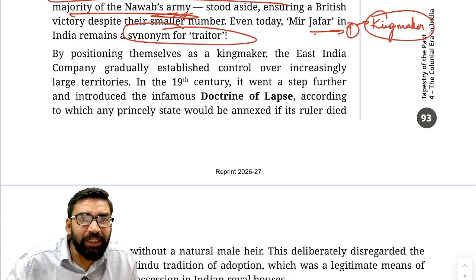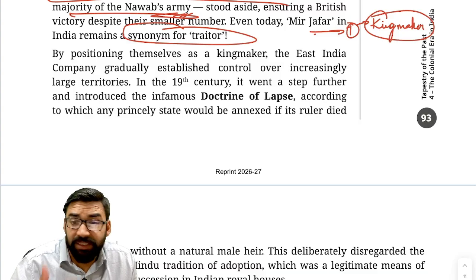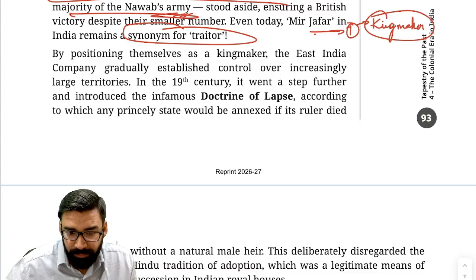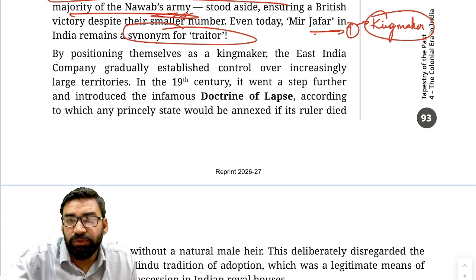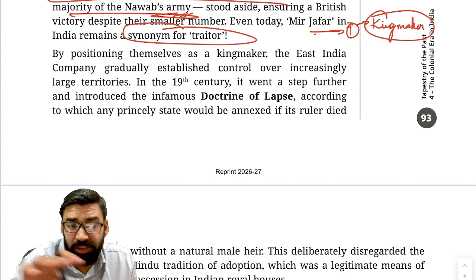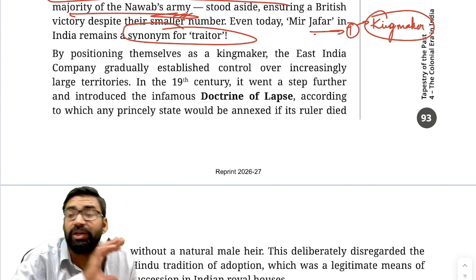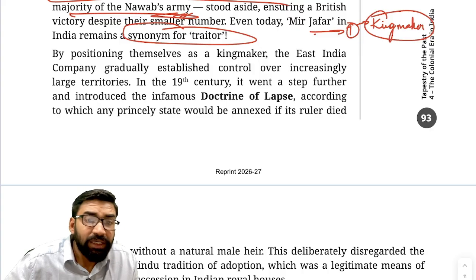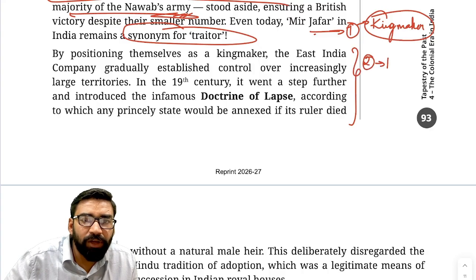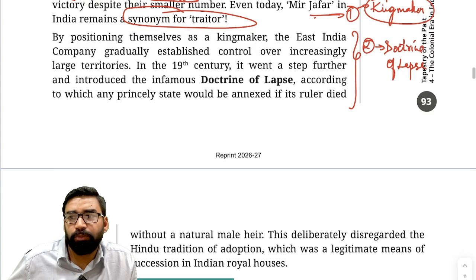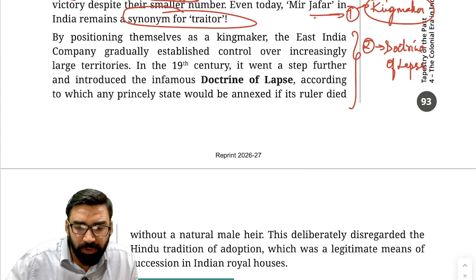In this, the East India Company positioned itself as a kingmaker, and gradually established its control over large territories of India. What was the second policy? Second policy is the doctrine of lapse.